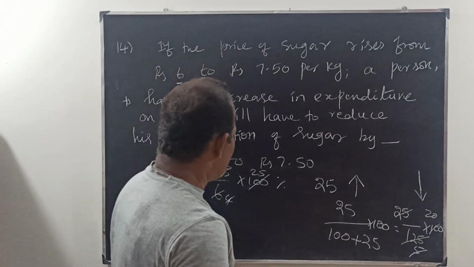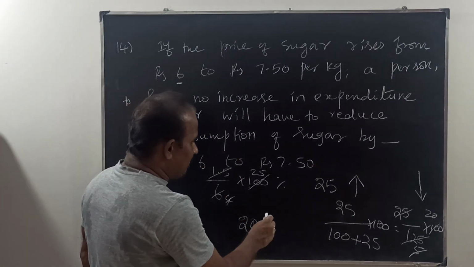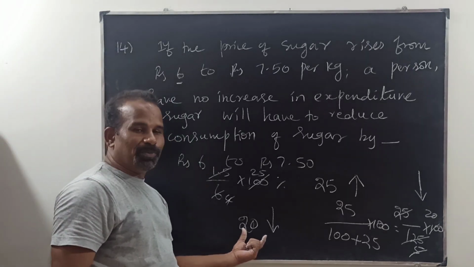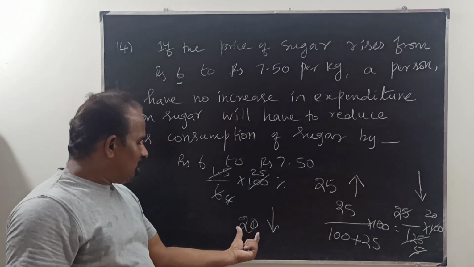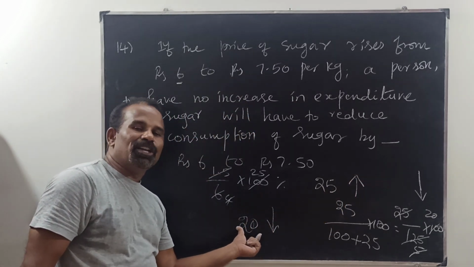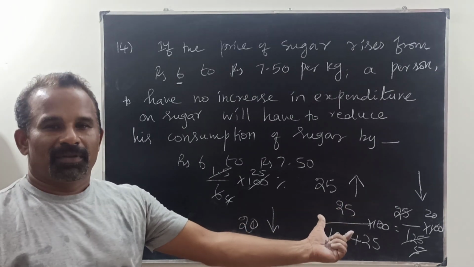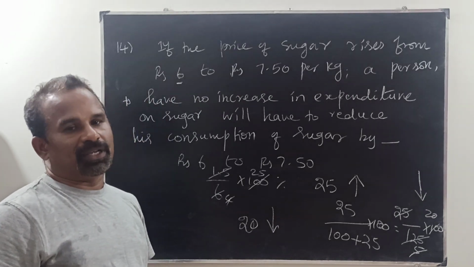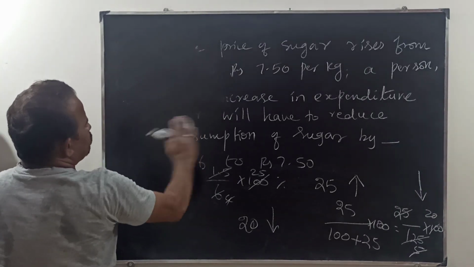The consumption also decreases by 20%. If the price of the sugar increases by 25%, the consumption decreases by 20%, if the expenditure is fixed. So this is question number 14.